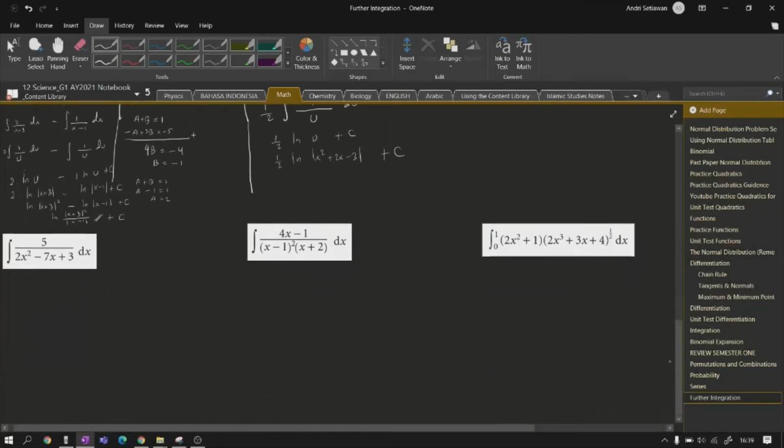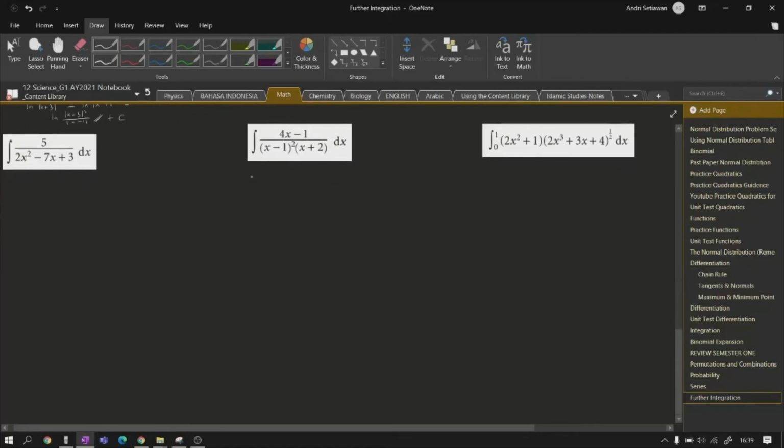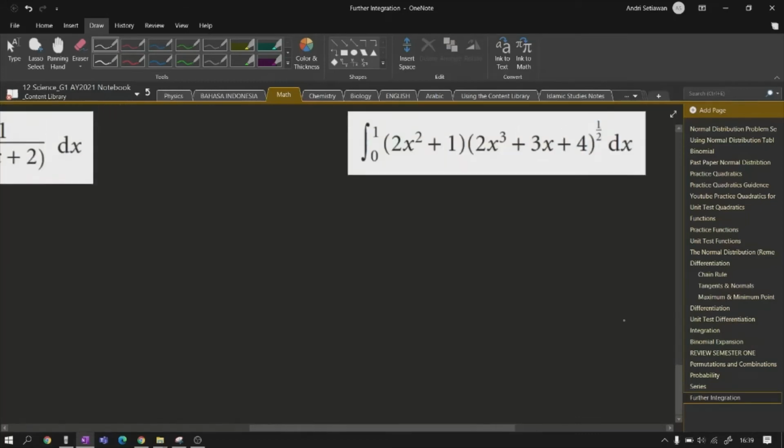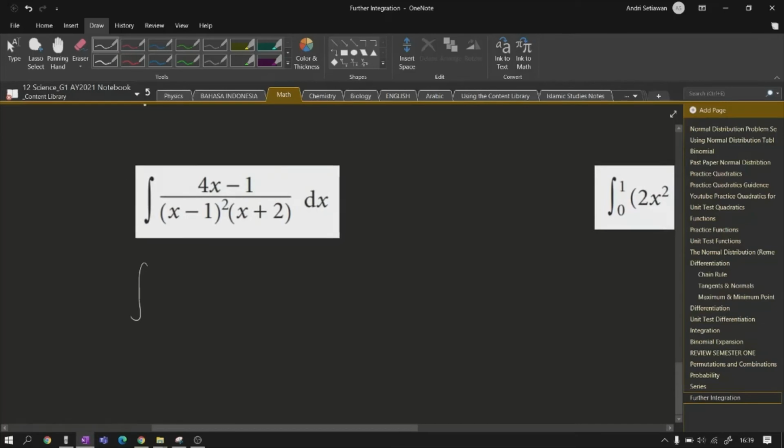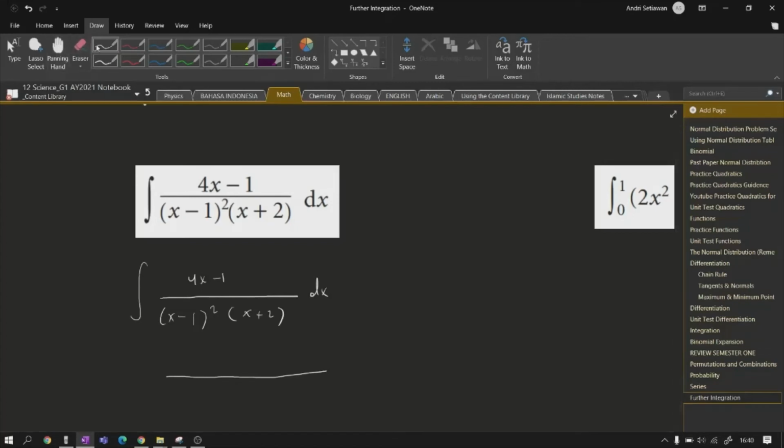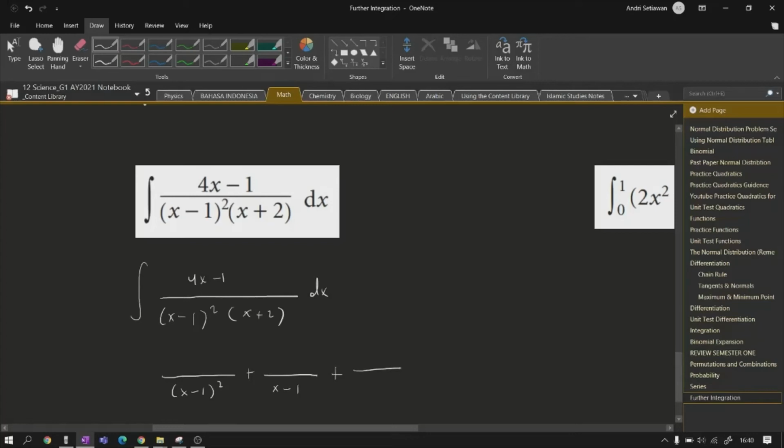In this case, we make it not two parts but three parts, because x minus 1 to the power 2 can be divided into itself, x minus 1 to the power 2, then the factor x minus 1, and the last is x plus 2.